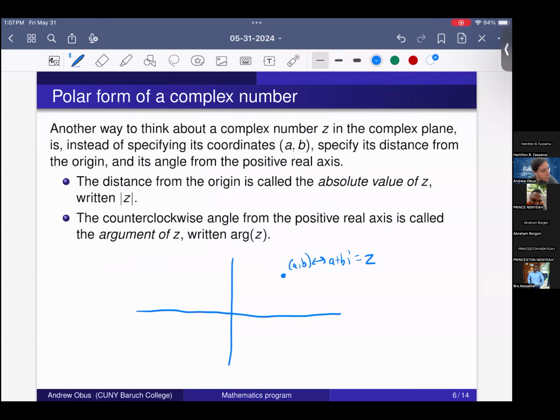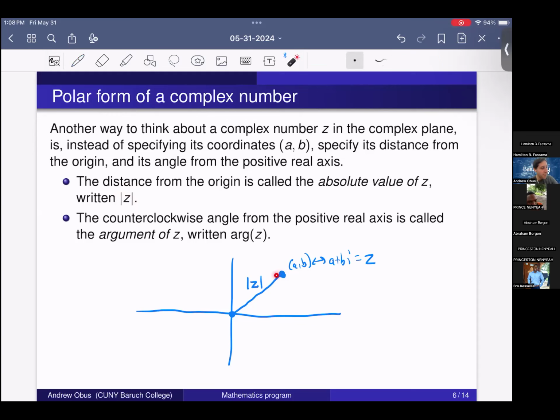Okay, so the first thing that I want to specify is that my complex number, I can think of it as lying a certain distance from the origin. And this distance from the origin, we call it the absolute value of z. So if you have a complex number, you can take its absolute value, okay?